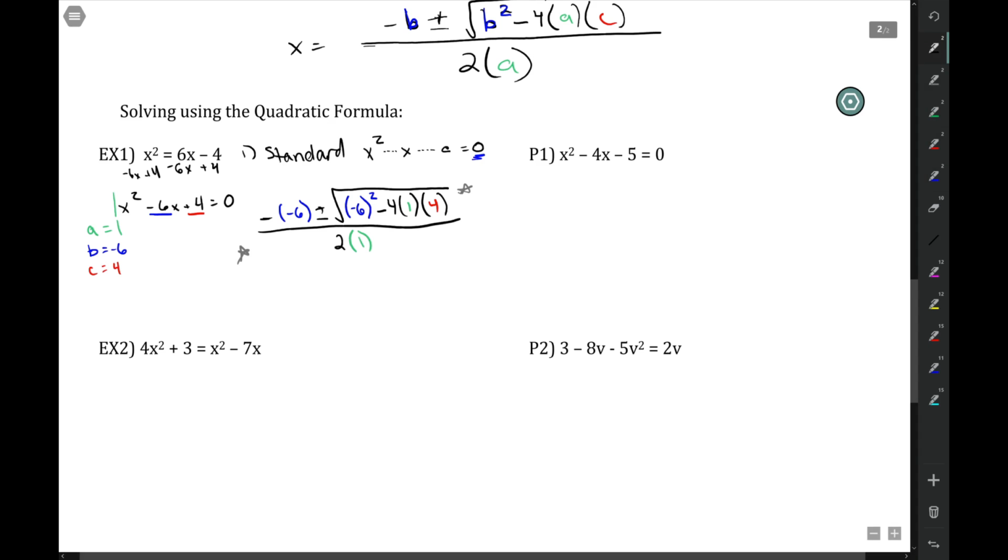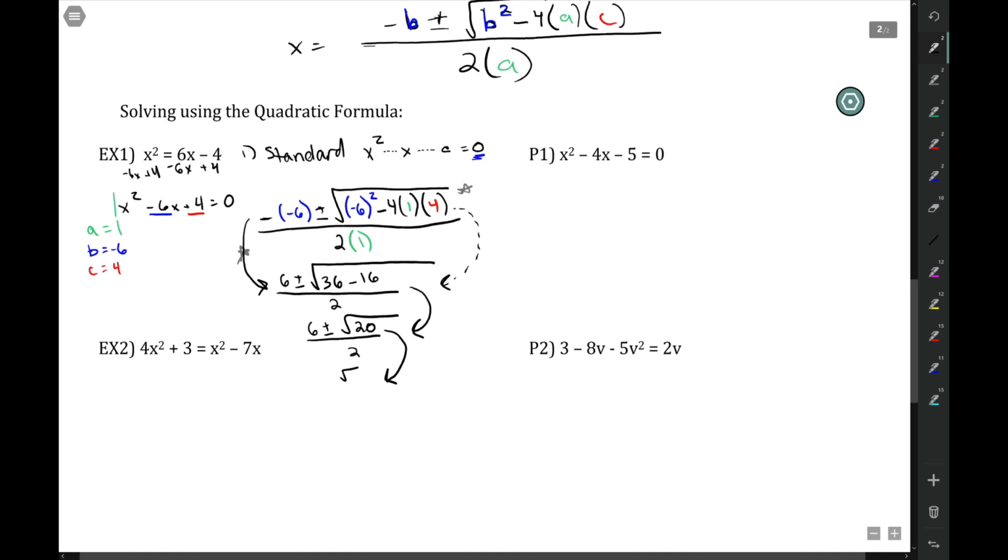First off, negative 6 becomes a positive 6, plus or minus square root. You can certainly type this in your calculator, but I'll show you step by step. That's going to be 36 minus 16 all over 2. Okay, looks a little cleaner. Let's clean it up more. 6 plus or minus square root of 20 all over 2. And here's our square root work.